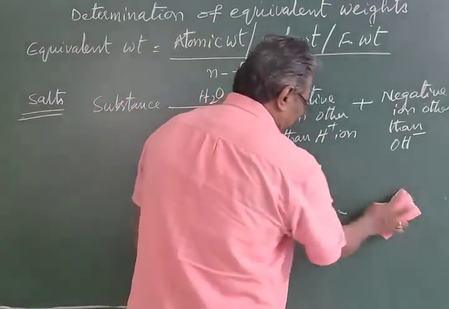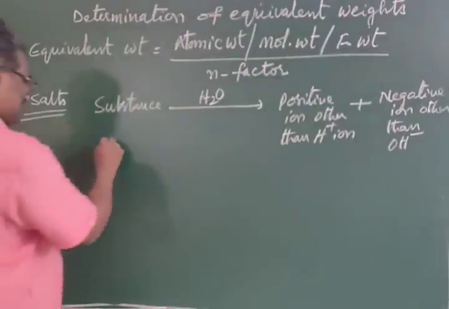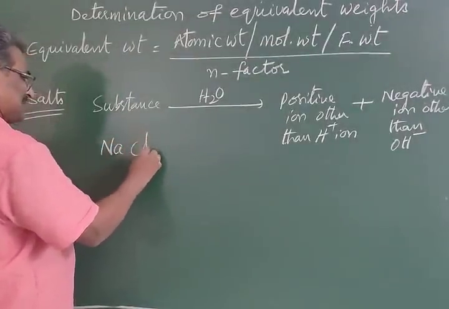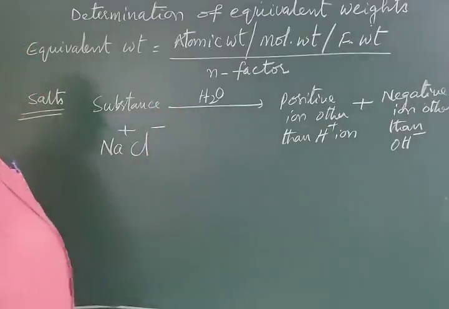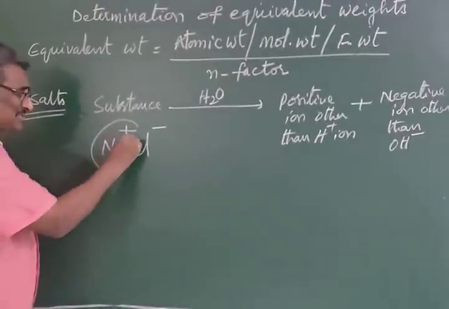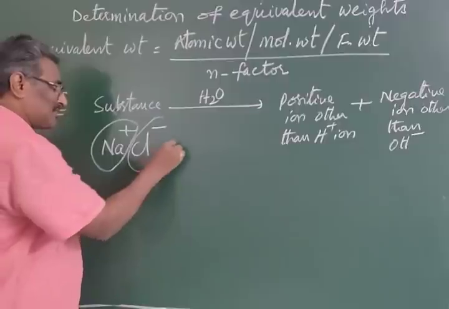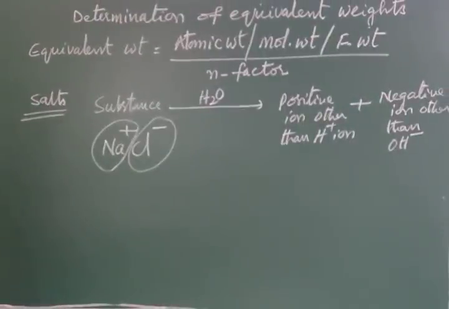In the case of salts, ions are aggregated. There are no molecules. Actually, sodium chloride is formed by the aggregation of a large number of Na plus ions and Cl minus ions. What is the amount of positive charge present in one formula unit of sodium chloride? 1 unit. The negative charge present in one formula unit of sodium chloride is also 1 unit.